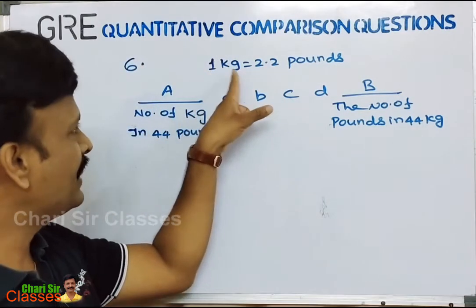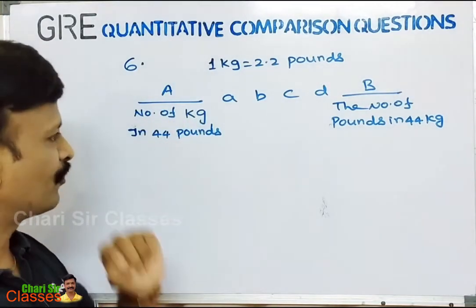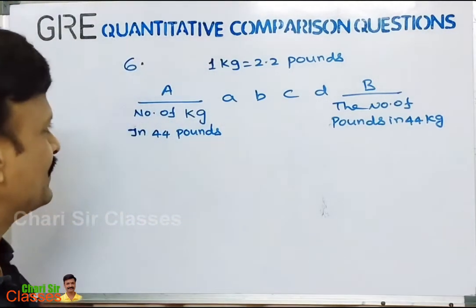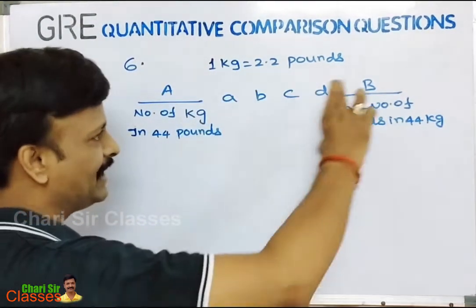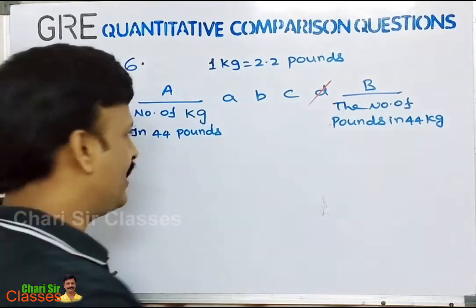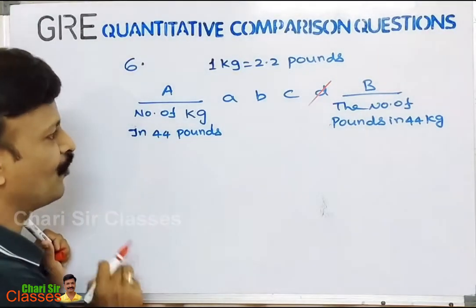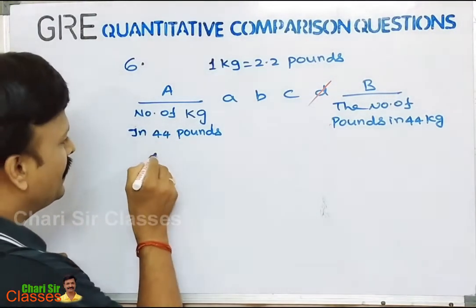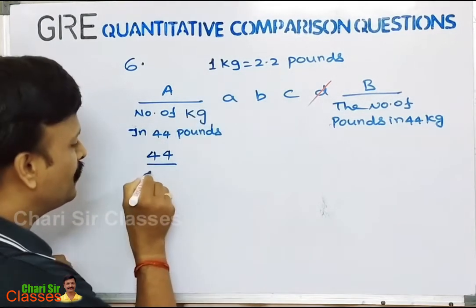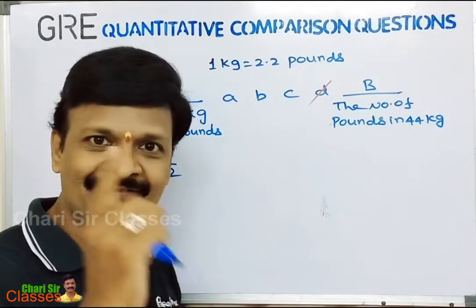See here, it is given 1 kg equals 2.2 pounds. Here quantity A is the number of kg in 44 pounds and quantity B is the number of pounds in 44 kg. So here, unit conversion, quantity A is representing a number and quantity B is also representing a number. You can eliminate D first. Now the number of kgs in 44 pounds, that is 44 by 2.2, because every 2.2 pounds makes 1 kg.